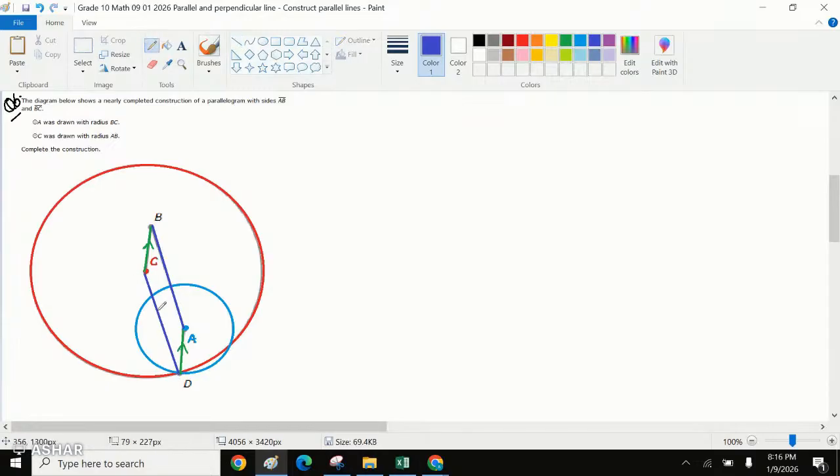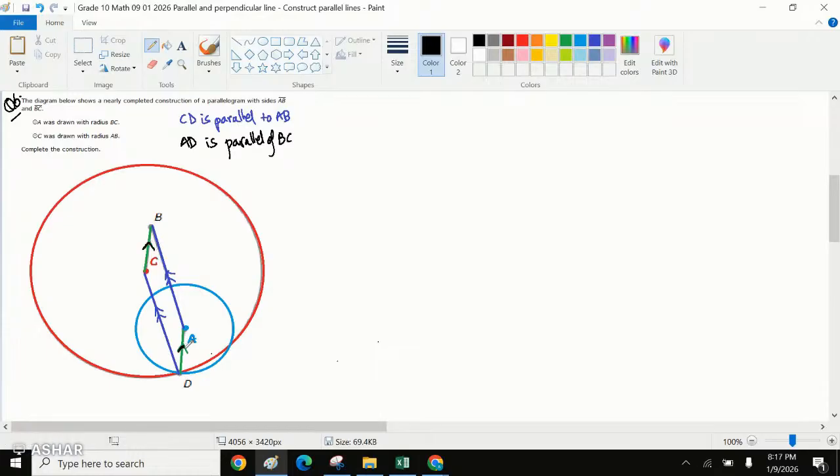And we can say now we have two pairs of parallel lines, right? What we can say is CD is parallel to AB and AD is parallel to BC.